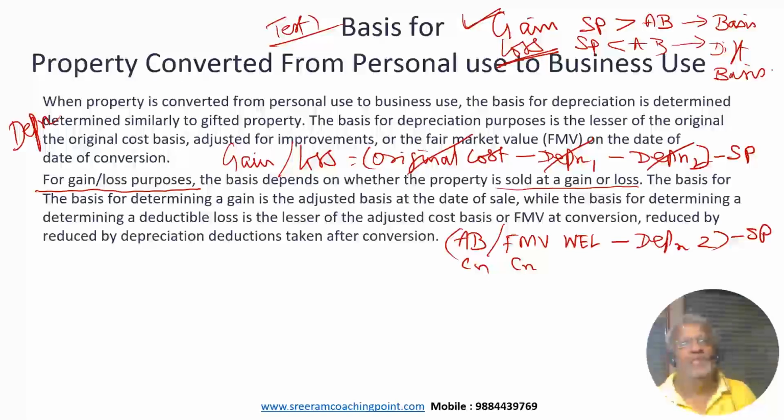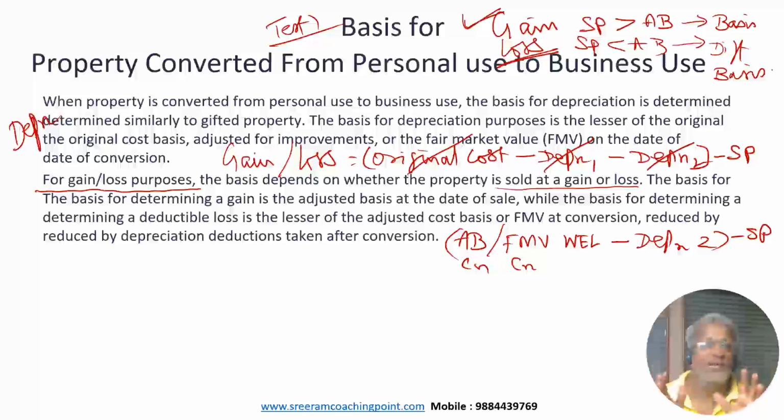Okay. Second one. What is the second one that we have? The basis for the purpose of finding out gain or loss. Here we have test number 1. Firstly, we are going to find out whether we end up with gain or loss, as we normally do in financial accounting. How do we arrive at it? Firstly we arrive at the adjusted basis, which is nothing but the original cost minus depreciation 1, that is depreciation prior to conversion, minus depreciation 2, post conversion.